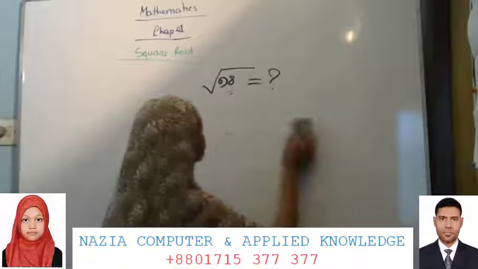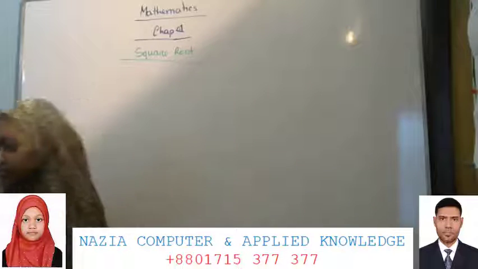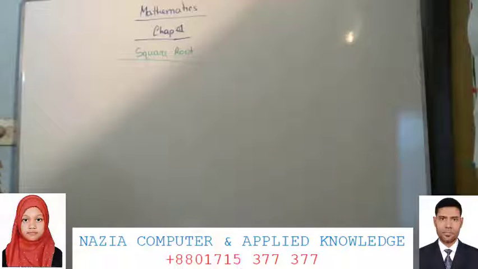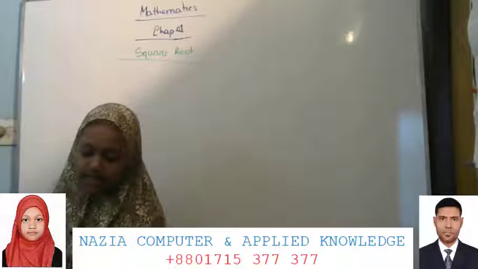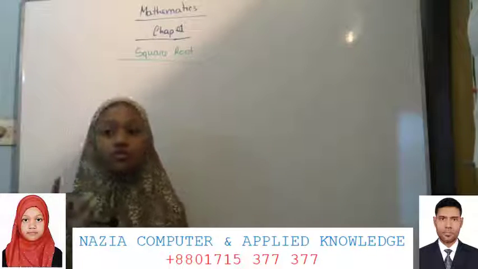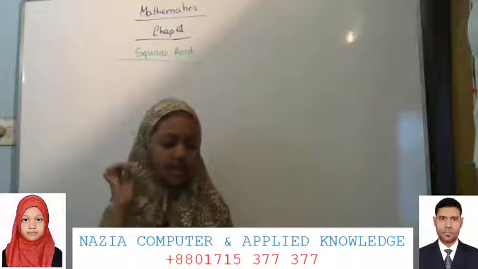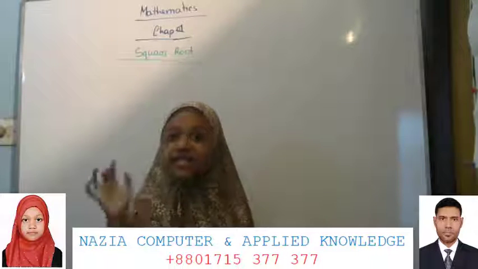So this is the process of prime factorization. You can use it with every number. After that, in the book there is another process, which is the division method. The division method is finding the square root of any number by division.